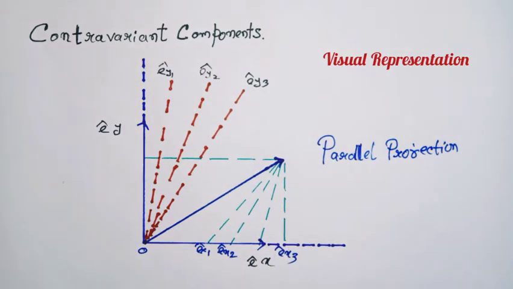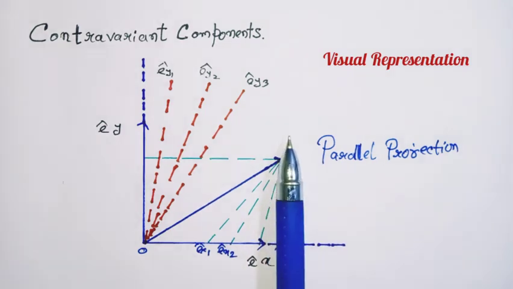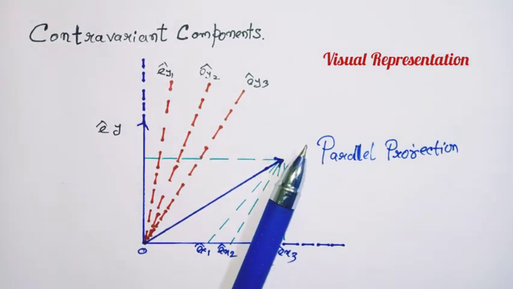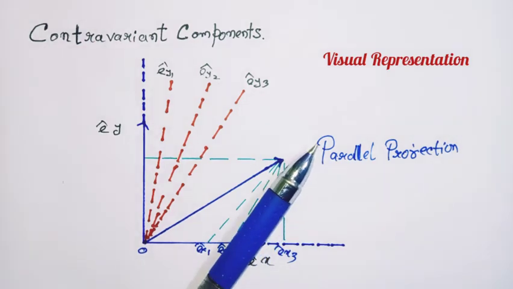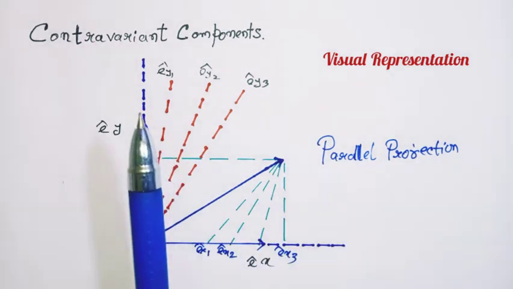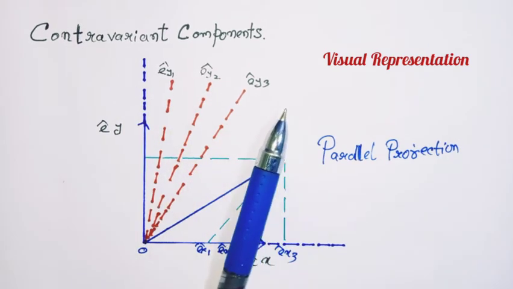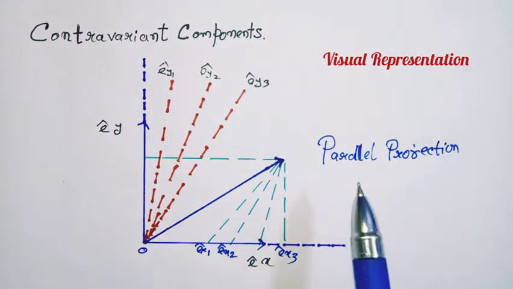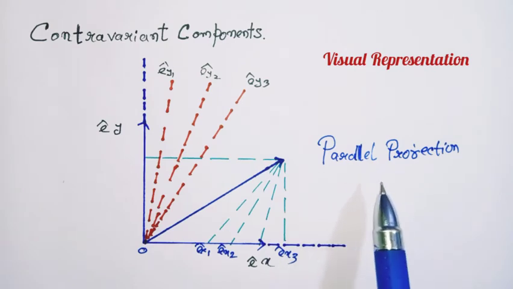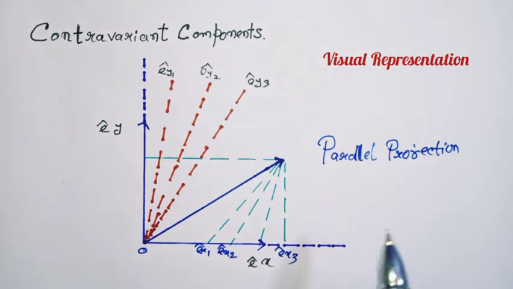The perpendicular which is dropped from the vector is also going to move in this direction. These two are parallel to each other, so I have written this to be a parallel projection.